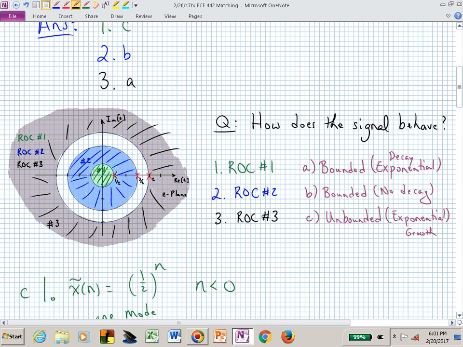What would give me a bounded response? Do any of these poles that I have on the board right now give a response that doesn't decay or grow? No. Where do I have to be for a pole to give me bounded behavior?